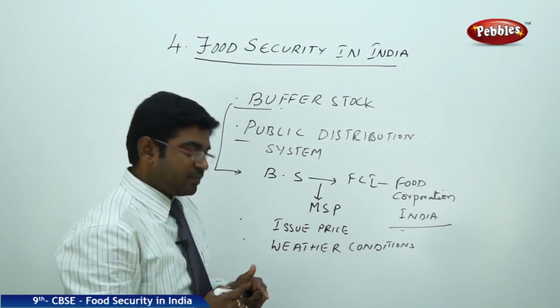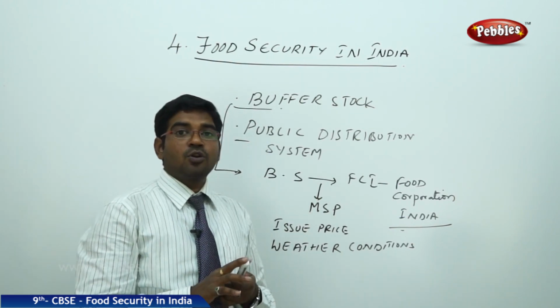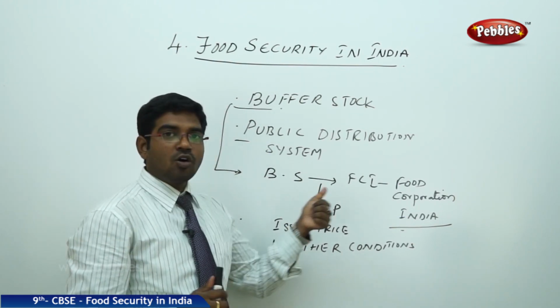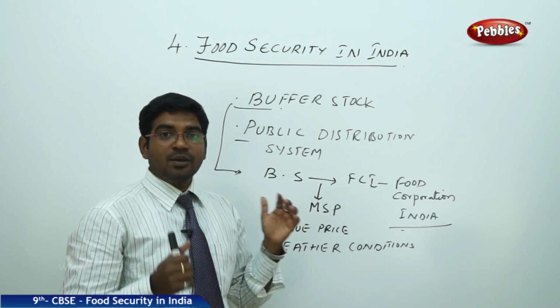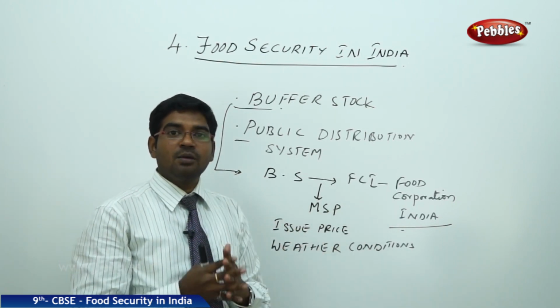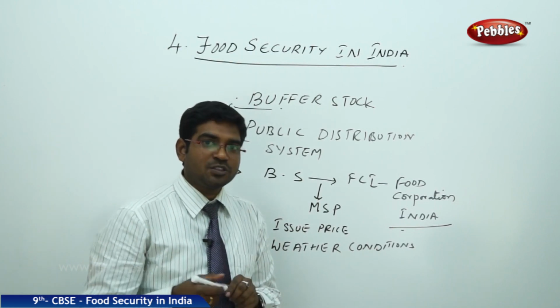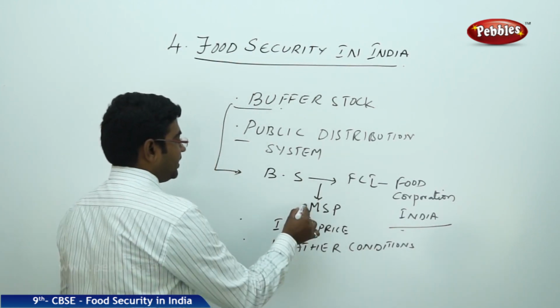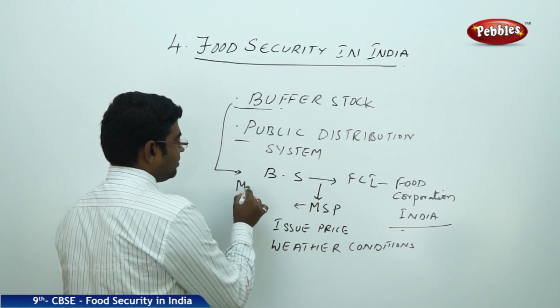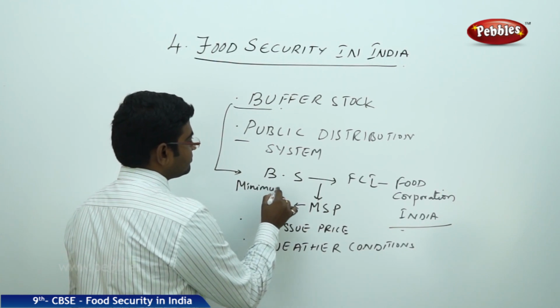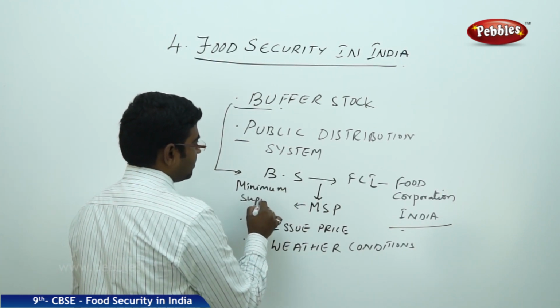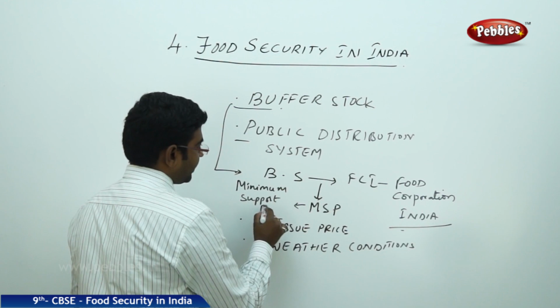Through FCI, the Government of India procures wheat or rice with a predetermined MSP. What is MSP? MSP is minimum support price.